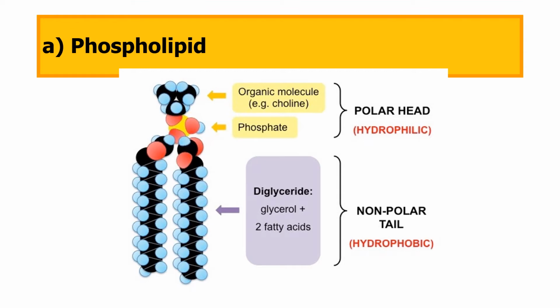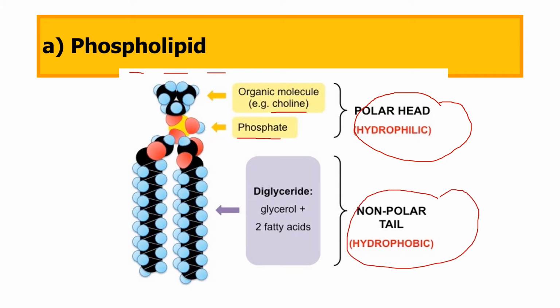Phospholipid consists of a hydrophilic polar head, which is made up of the organic molecule choline and the charged phosphate. It becomes hydrophilic or polar, so it will face the aqueous environment. Whereas we have the hydrophobic or non-polar tails.